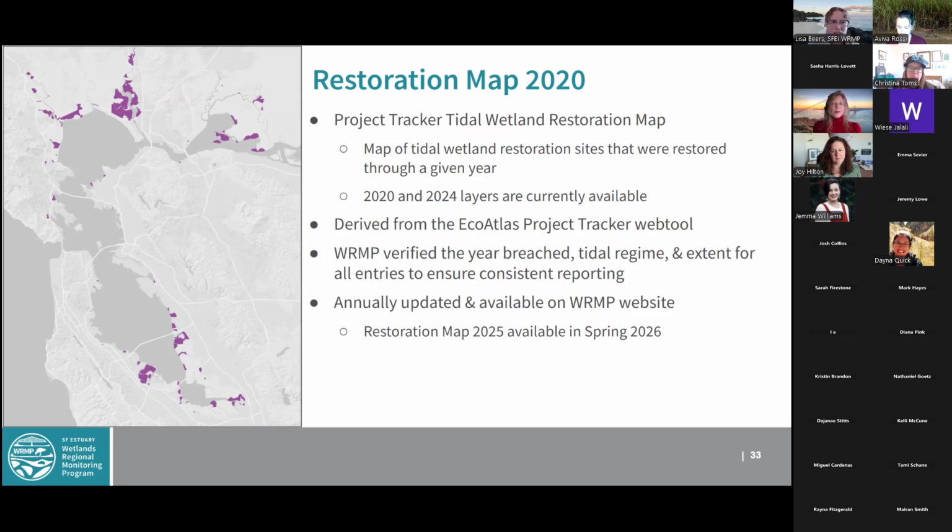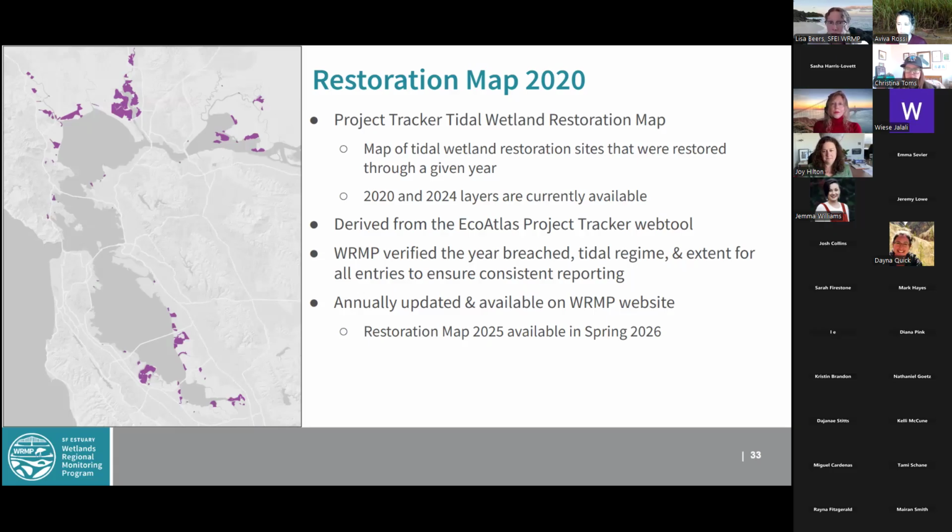And it's providing not only the locations and names of these restoration sites, tidal wetland restoration sites in particular, but also the age, or the date that they were breached, and the tidal regime, and all of these were reviewed step by step by WRMP staff to ensure consistency and accuracy.